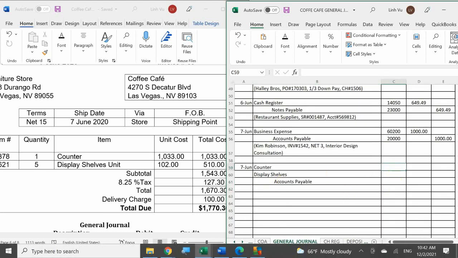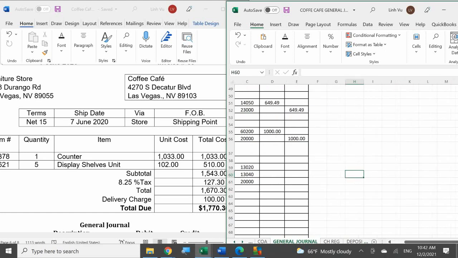Counter was 1320, display shelves was 1340, and accounts payable, as we look from above, is 2000. Now I'm going to go over to the side because I need to do some calculations.